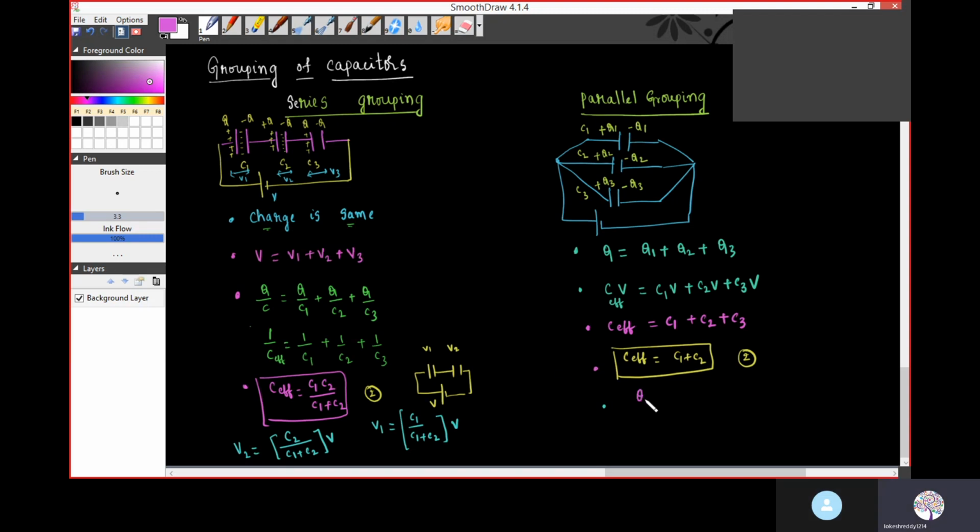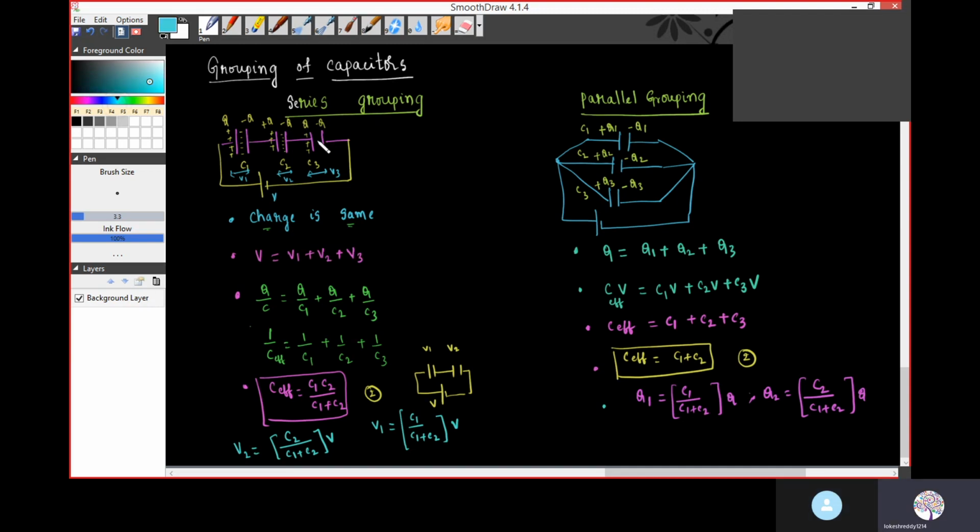Now for here we'll write Q1 is equal to C1 by C1 plus C2 into Q. So Q2 is equal to C2 by C1 plus C2 into Q.